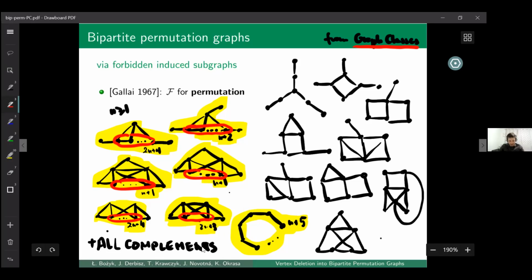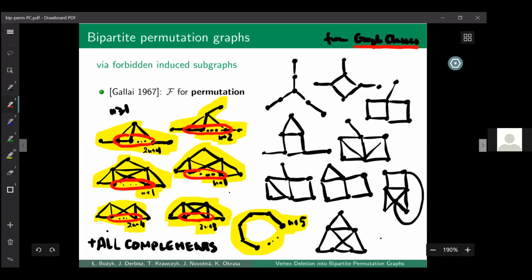Yeah, and apart from the ones that are drawn here, all complements of those graphs are also obstructions, but they happen all to contain triangles. Maybe not for the complement of the 5 cycle, which is a 5 cycle itself, but all others do have triangles. So when we add this forbidden triangle, they disappear.